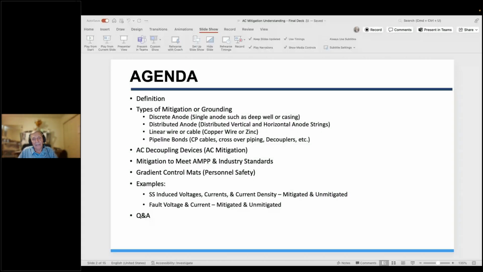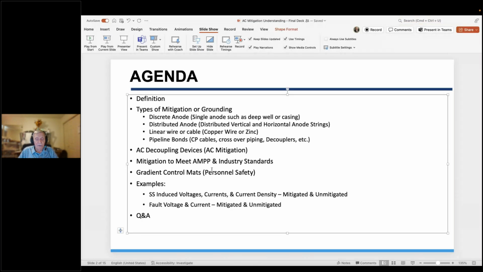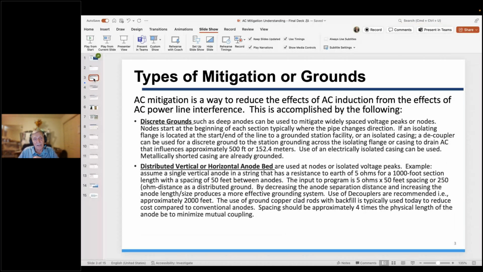One of the best ways to use them is if you have an isolating device at a station, like where the line starts. You could put a decoupler across that isolating flange, and that could act as a discrete anode. Another thing we could use is casings, case crossings.